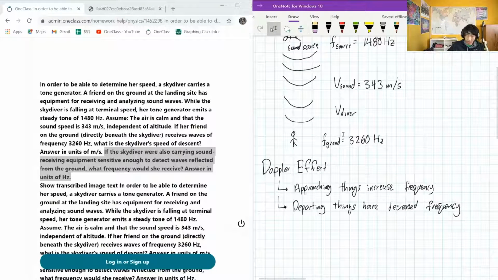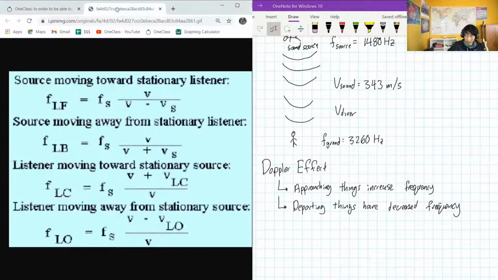And the equation to model this is, let me pull up my reference right here, that right now we have a source moving towards a stationary listener. So this is the equation that we want to use.